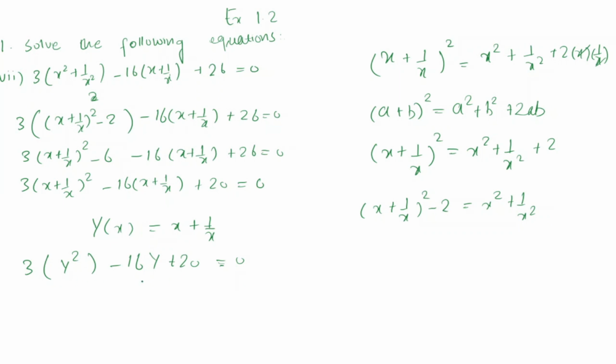Let's suppose I have these three terms, and if I multiply my extreme terms, which are 3y square into 20, I'm getting 60y square. Now I will replace the middle term with two terms. If I multiply those terms, I should get 60y square, but if I add them, I should get minus 16y.